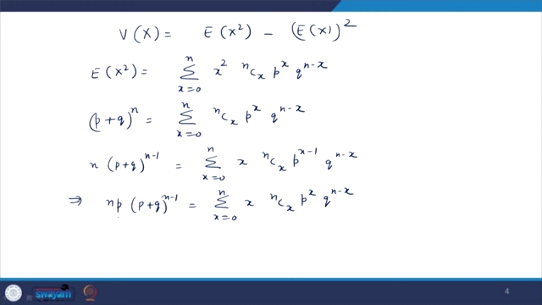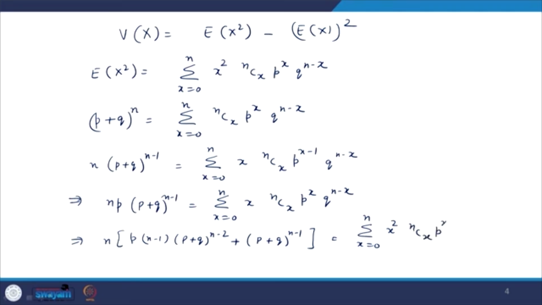So, again you differentiate with respect to p. So, that is nothing but n times, first as it is, derivative of second will come here, plus second as it is, derivative of first will come here, and that is nothing but summation x varying from 0 to n, x square nCx p raised to power x minus 2 into q raised to power n minus x.